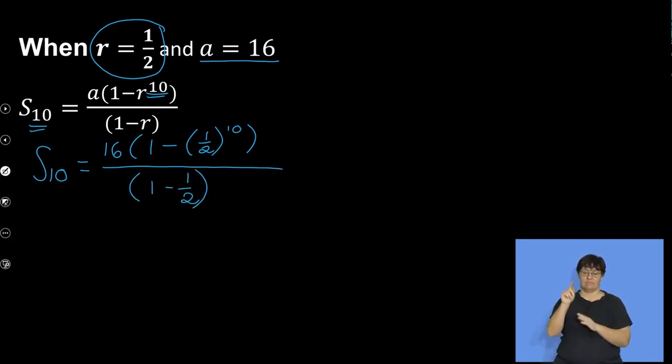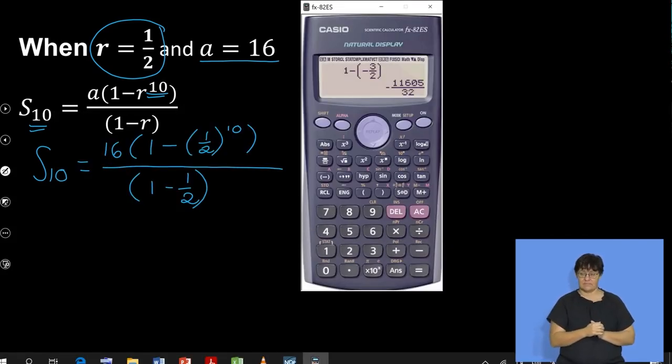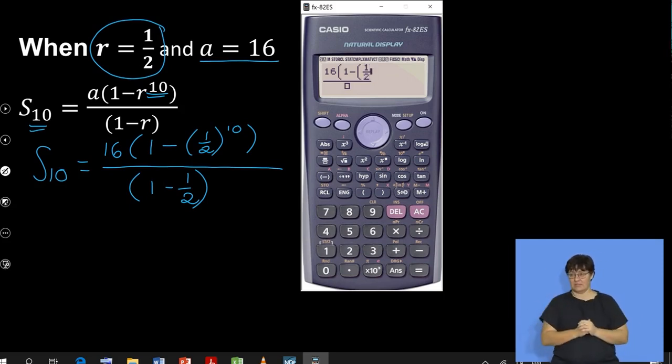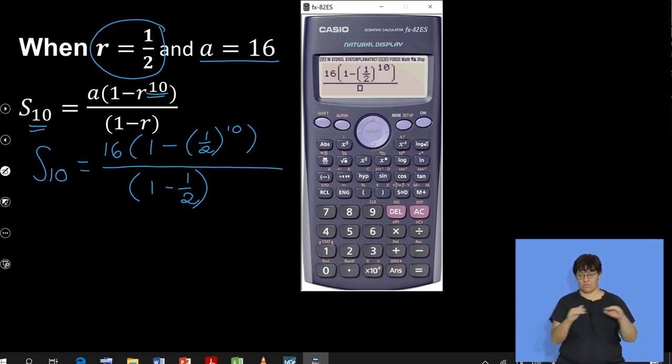Again, I'm going to substitute this all into my calculator. So we are going to have 16 times 1 minus a half. I'm going to put my half in a bracket so it gets raised to the power of 10. So a half to the power of 10, over 1 minus a half.